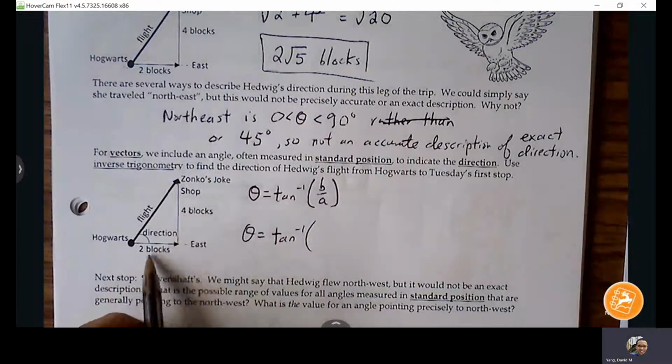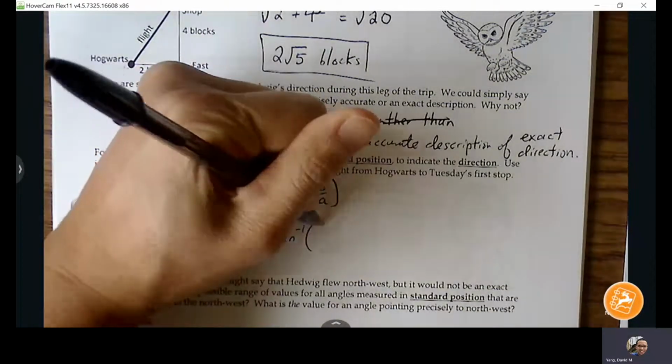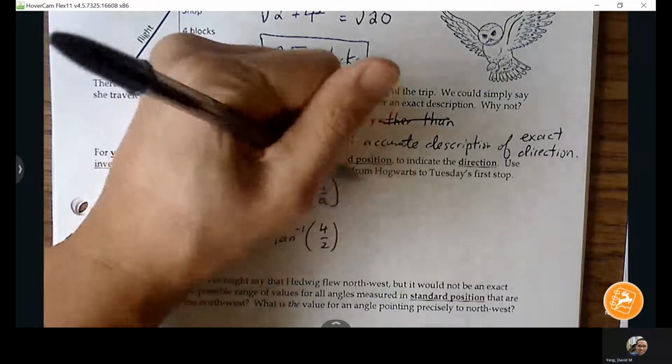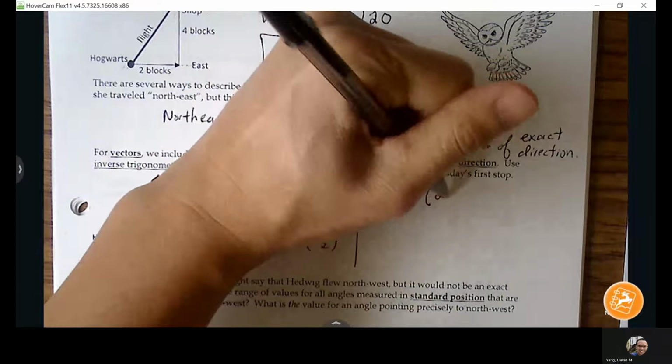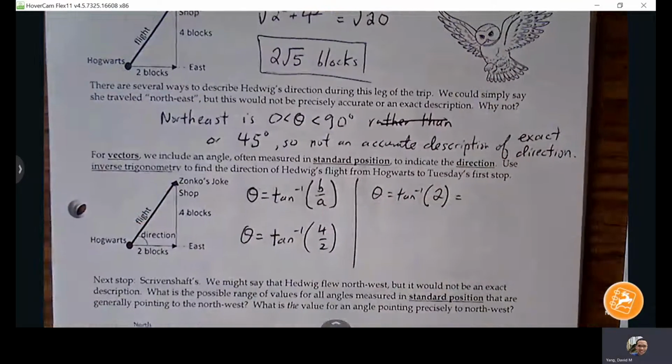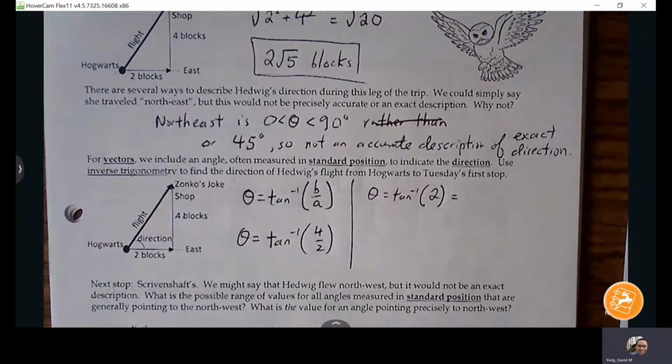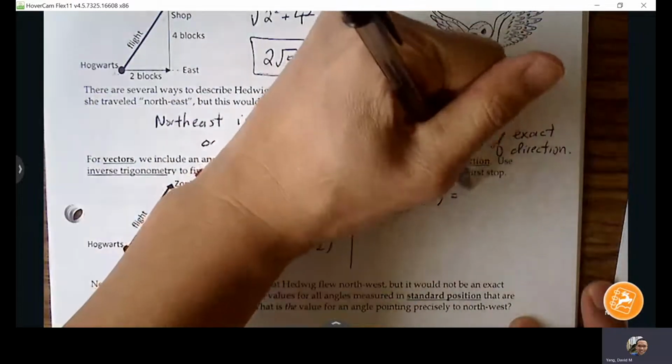Okay, so it's y over x, b over a, 4 over 2. Make sure you are in degree mode. Round to 2 decimal places.